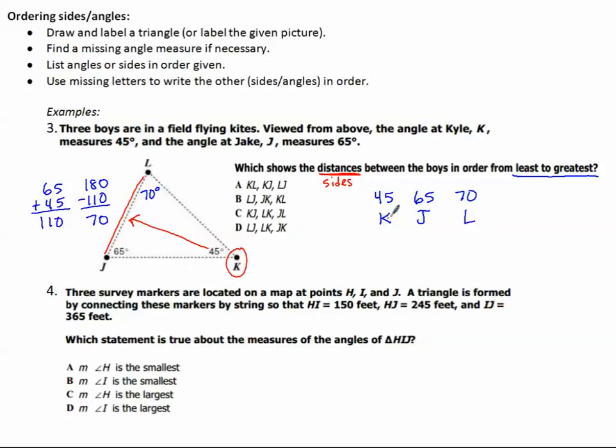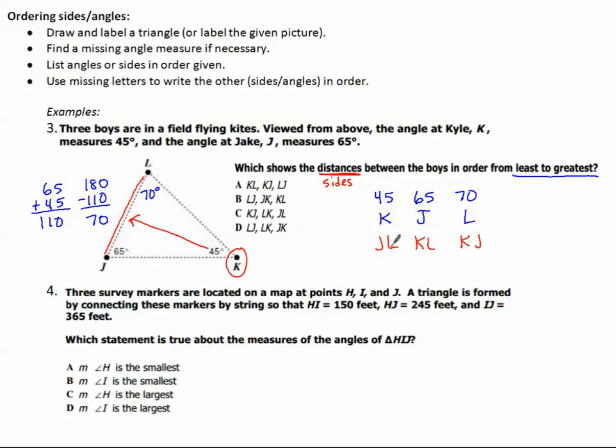So if K is the letter for the angle, it's the other two letters that would be the sides. J is the letter for the angle, so K and L, the other two letters for the side. L for the angle, so the other two letters for the side. Now I have the sides, or the distances, from small to big. Now I just have to match it.